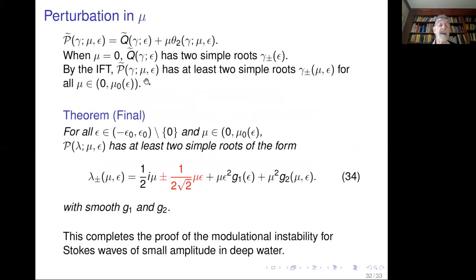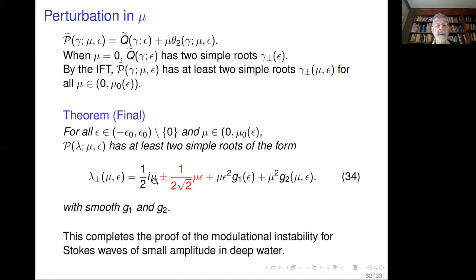Using the implicit function theorem again for the other error terms, you end up with the theorem, which I'm repeating, basically the same as what I said. There is a pair of simple roots. This is 1 over the square root of 8 here. I took mu and epsilon to be positive for simplicity.